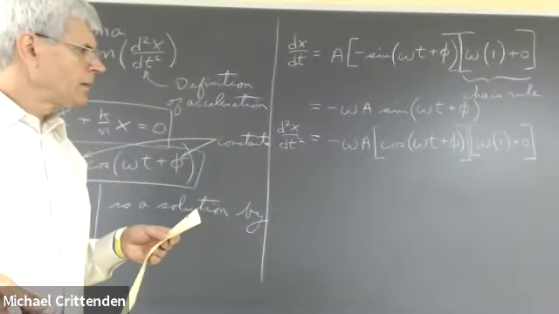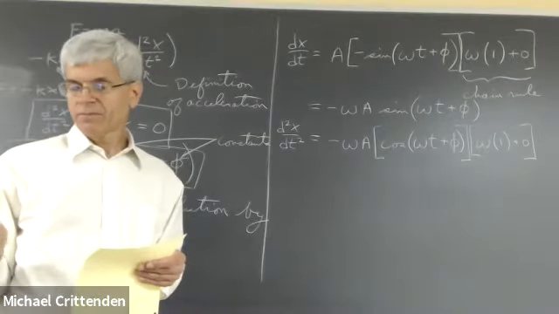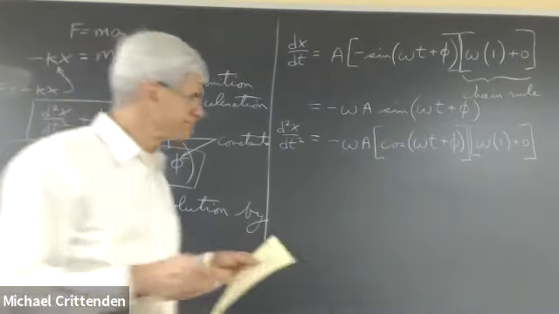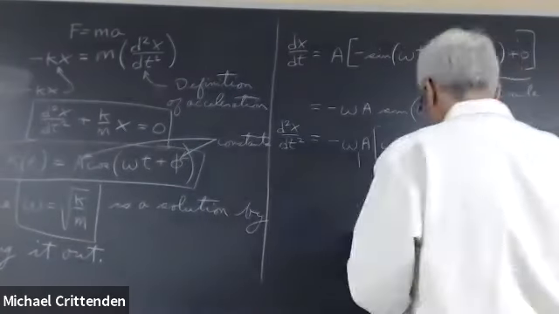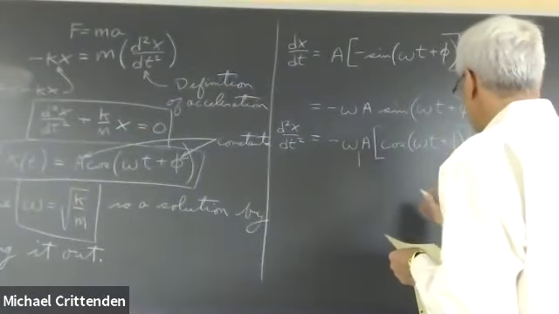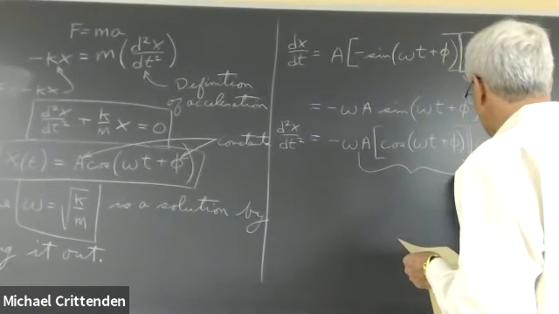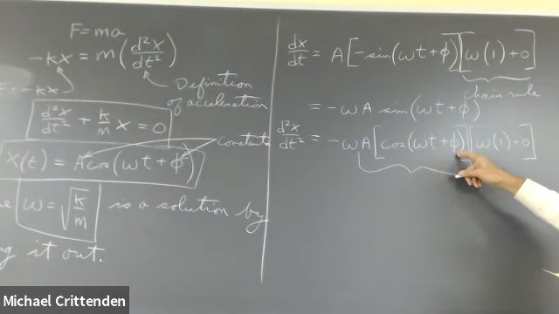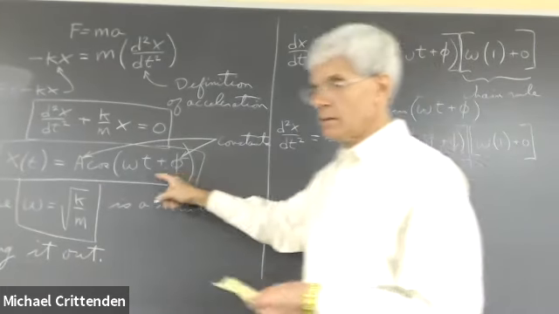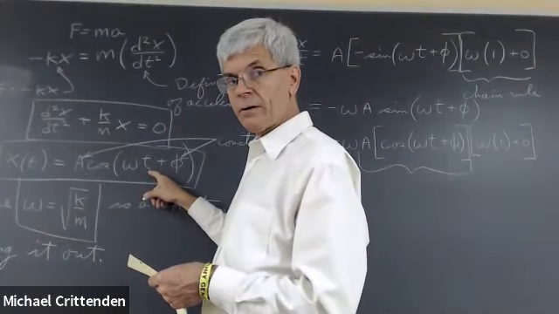Well, notice part of it that goes from there to there, A times the cosine of omega t plus phi. That's the function I started with in the first place.